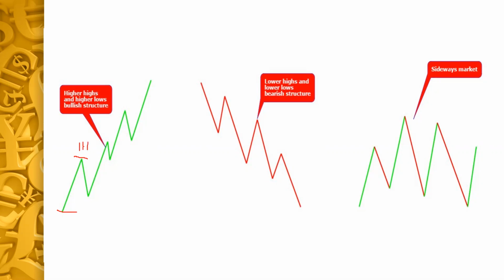Okay, then it did correct down and gave us an initial higher low. Then price breaks above the initial high and gives us another higher high.